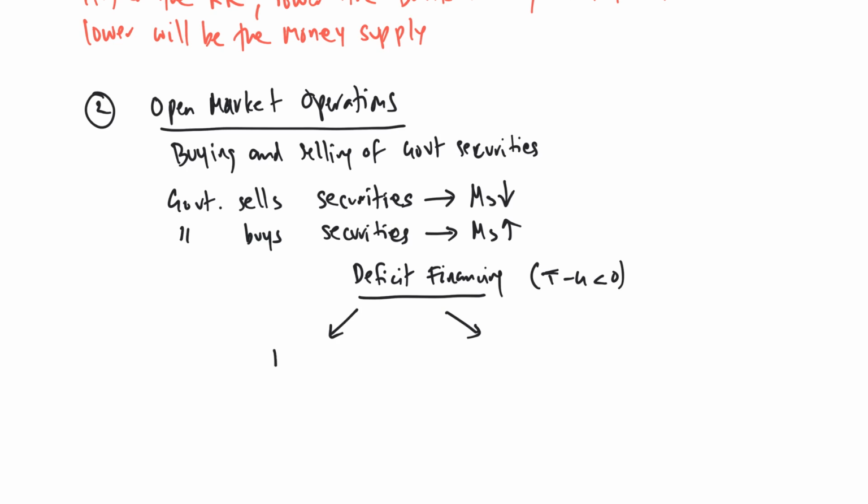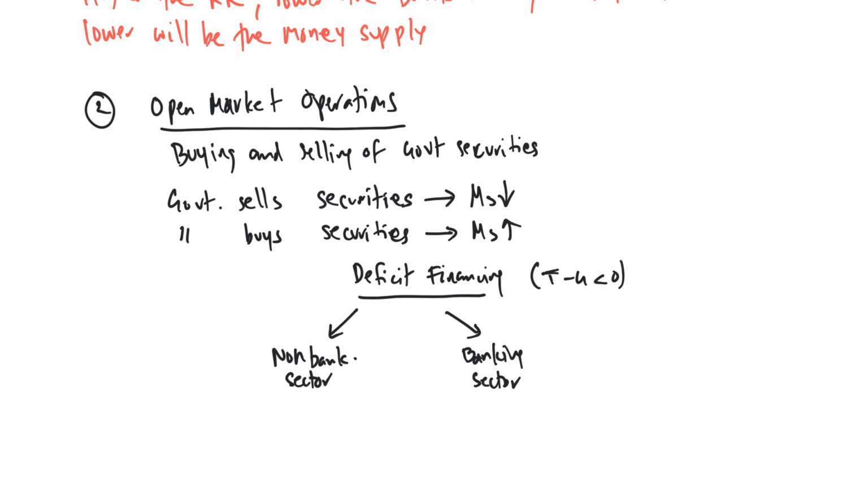One we call the non-bank sector, which is your general public, anything which is not a bank. A bank by definition is an entity which can take deposit money and then lend it out. So you can take money from the non-bank sector, you can finance your deficit through the non-bank sector or through the banking sector.